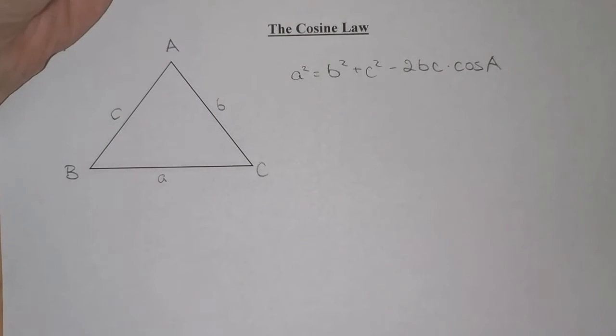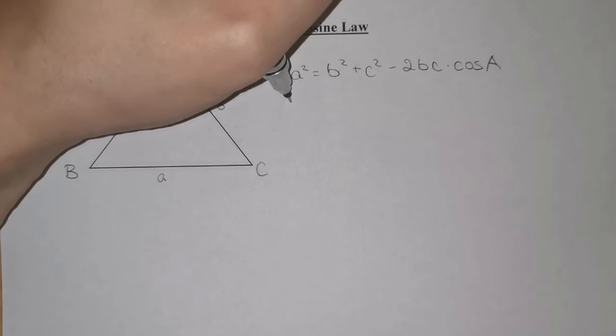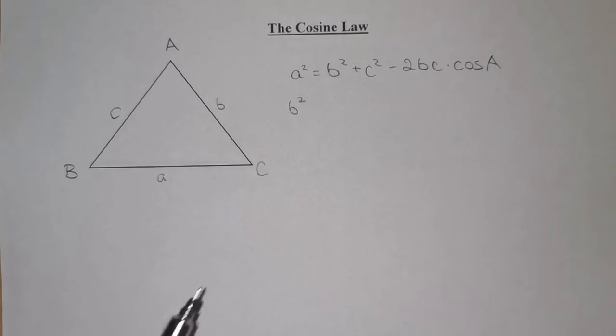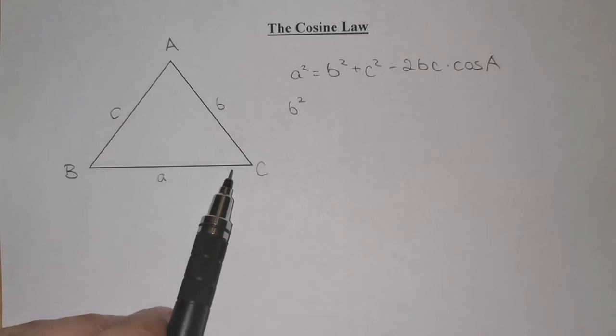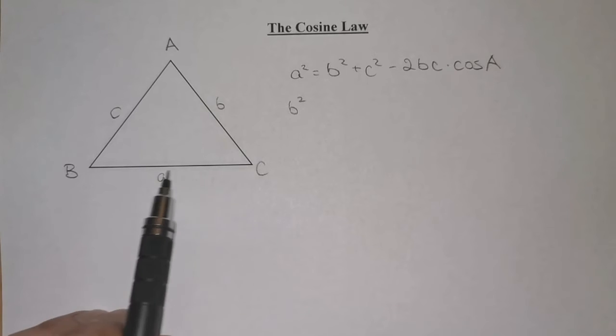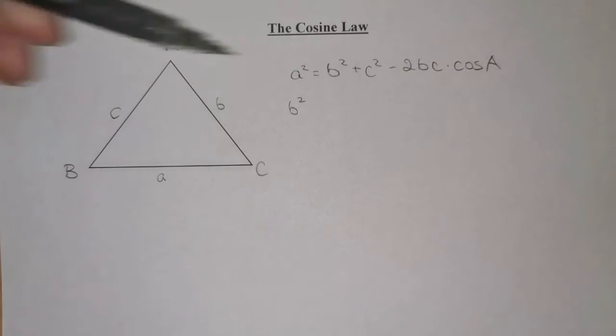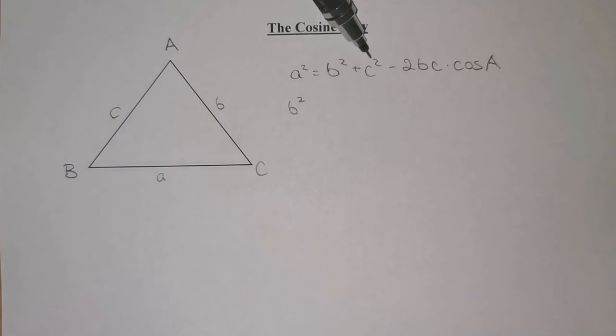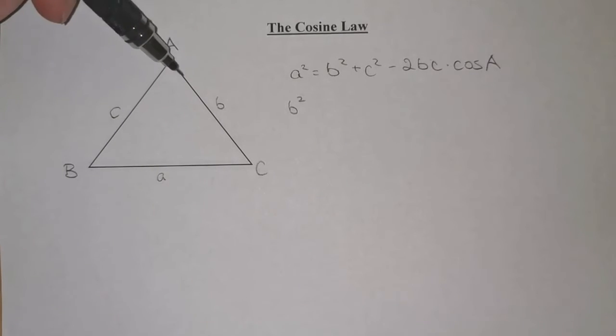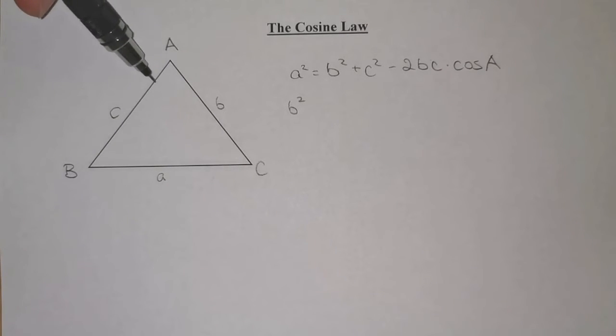If you're looking for the B side, it's pretty much the same thing. Let's backtrack a bit. If you're looking for side A, you need side B and side C, and then you need the angle in between.